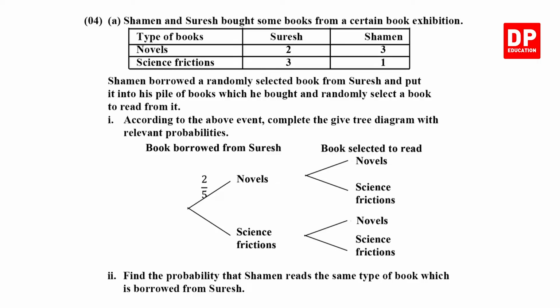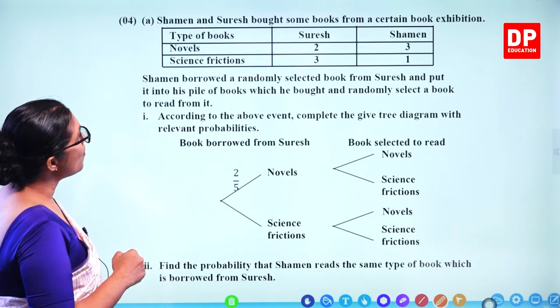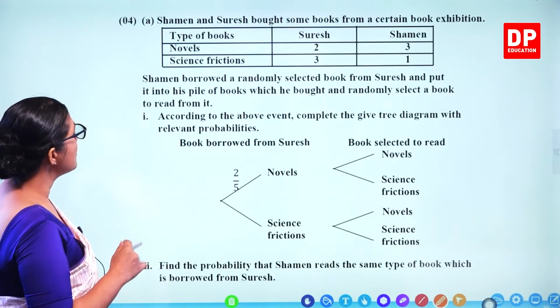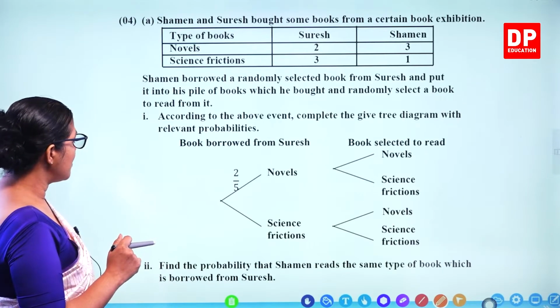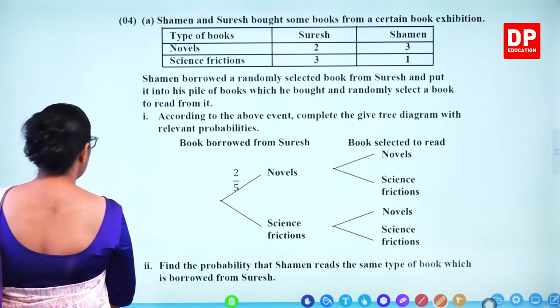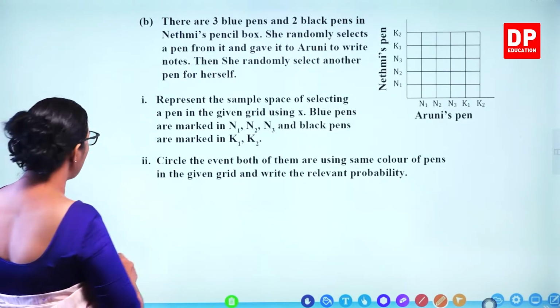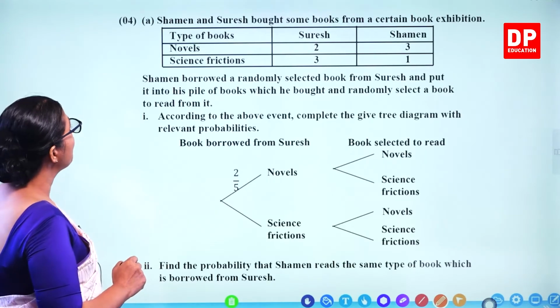Question number 4. Shamin and Suresh bought some books from a certain book exhibition. So this is about probability. So we'll do separately. This is part 2. So we have to do it here.